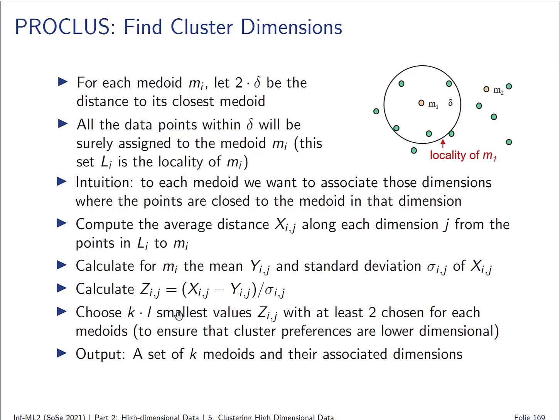So the output will be a set of medoids and their associated dimensions, which is drawn from this matrix. Once again, this matrix models the best features in the localities of all the medoids, and once again, we normalize that so that we can compare the features among each other.